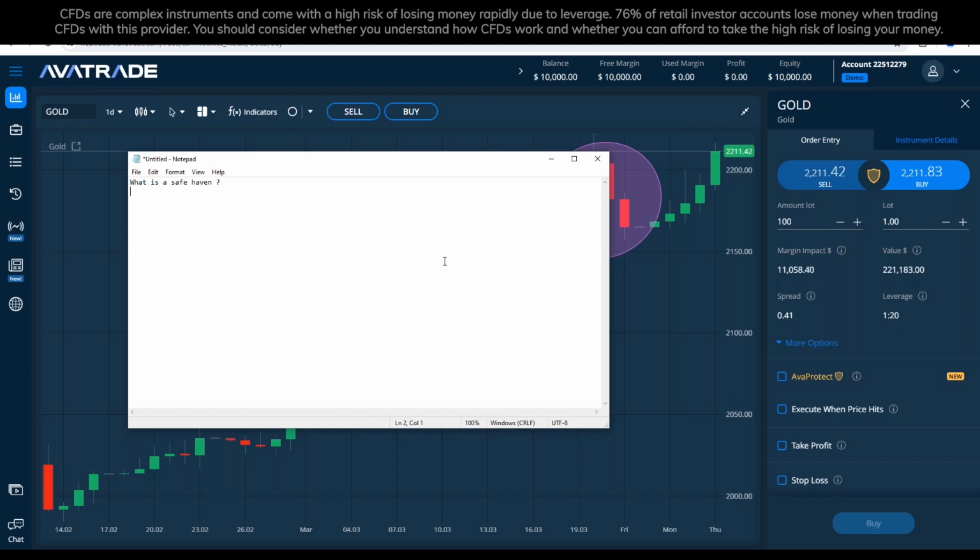And gold is among the umbrella of assets that is traded when there is uncertainty, and it can respond very nicely to the dollar decisions and to other currencies that correlate with the dollar.